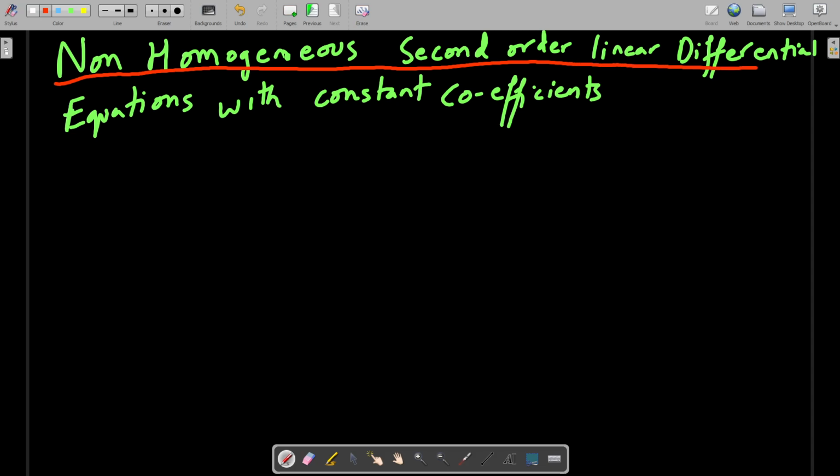So previously we had studied only homogeneous differential equations with constant coefficients, right? So now we are talking of non-homogeneous.